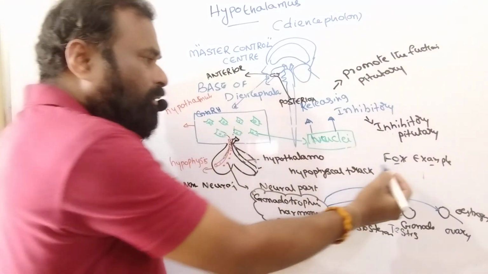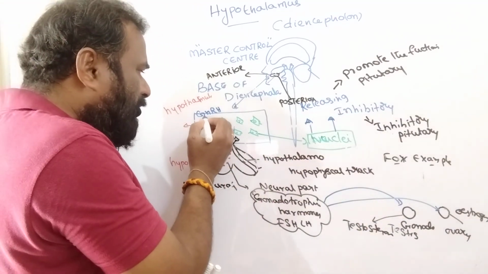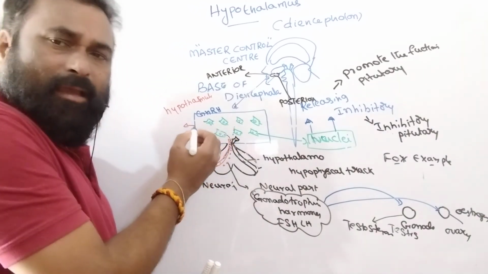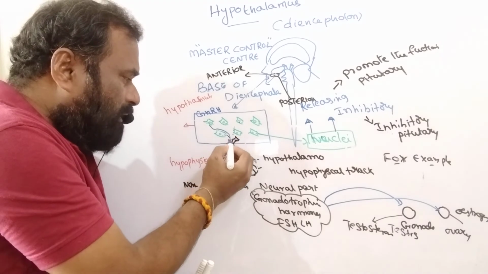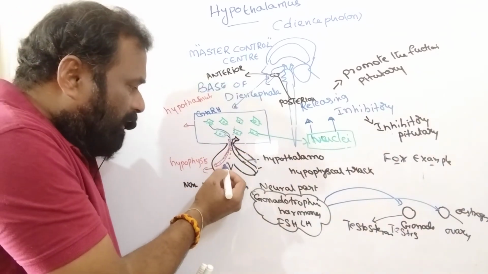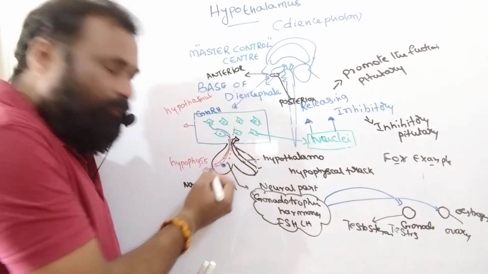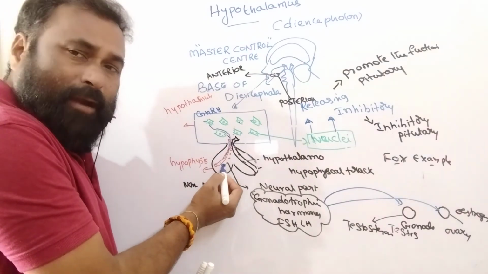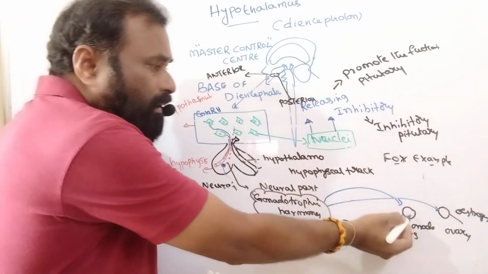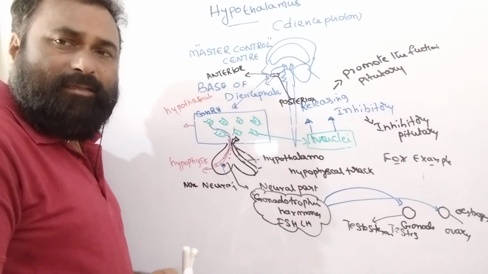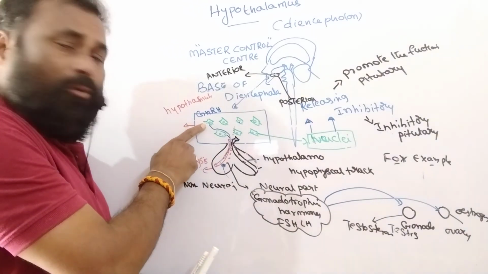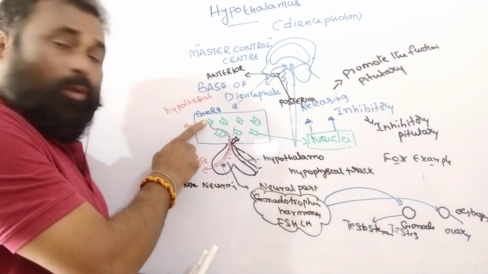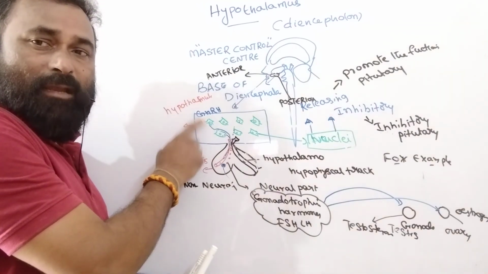Gonadotropin releasing hormone is liberated from one of the nuclei of the hypothalamus. It comes towards the portal system and activates a specific part to liberate gonadotropin, which then activates the gonads. Sequentially, step 1, gonadotropin releasing hormone is liberated from one of the specific nuclei of the hypothalamus.